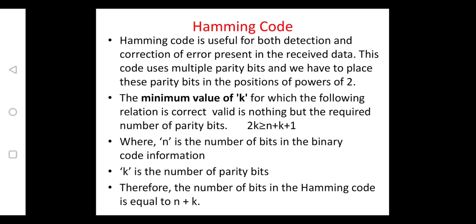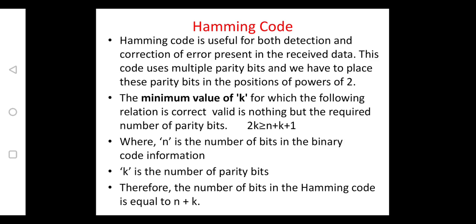As it is not satisfied, go for the next k value. If k equals 2, 2 square is 4. 4 greater than or equal to 4 plus 2 plus 1. Whenever you are satisfying the condition for the minimum value, that should be the value of k.